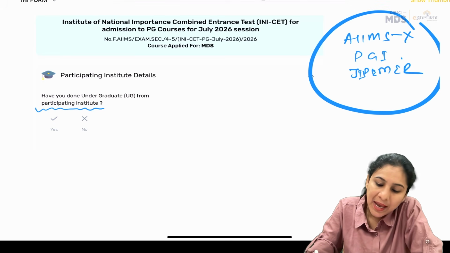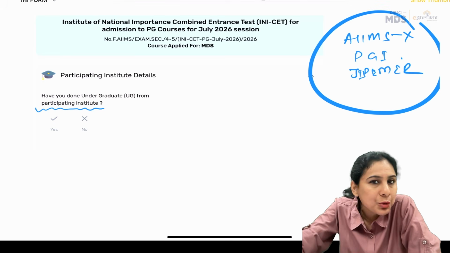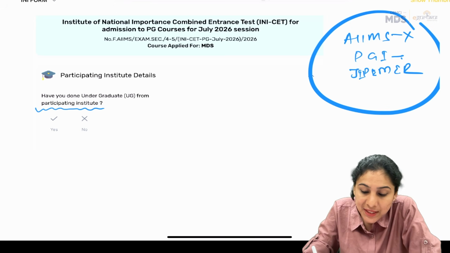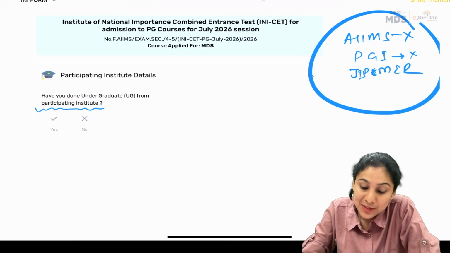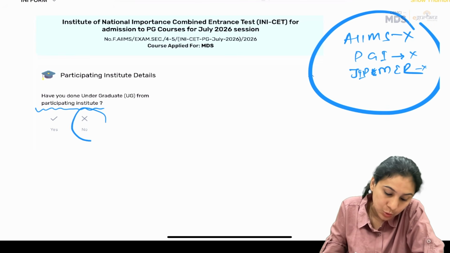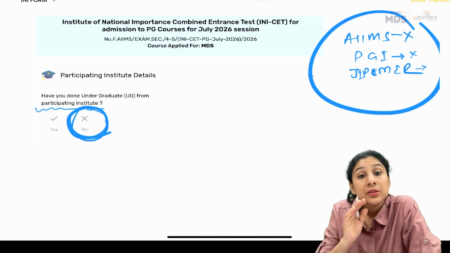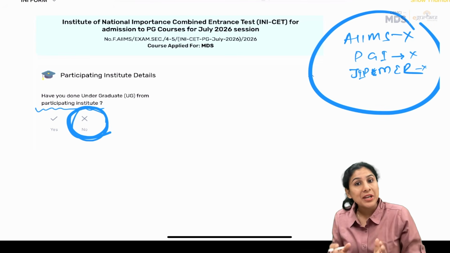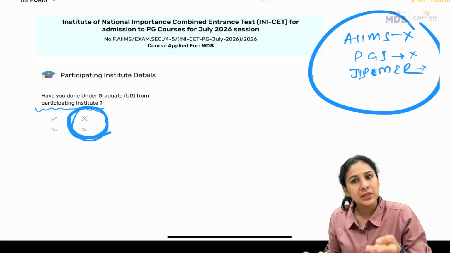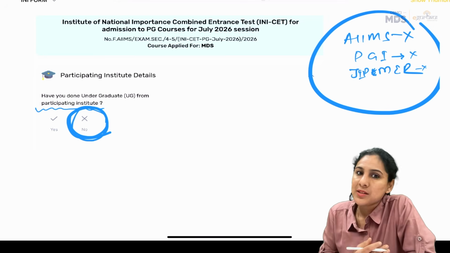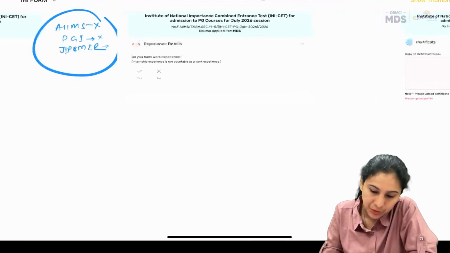AIIMS does not have BDS, so none of you belong to AIIMS BDS. PGI Chandigarh does not have BDS, so none of you belong to PGI. JIPMER does not have BDS, so all of you will mark a no here. We don't have graduation in BDS in the participating institutes. MBBS is available in AIIMS, PGI, and all, but BDS is not available, so all of you will mark a no here.